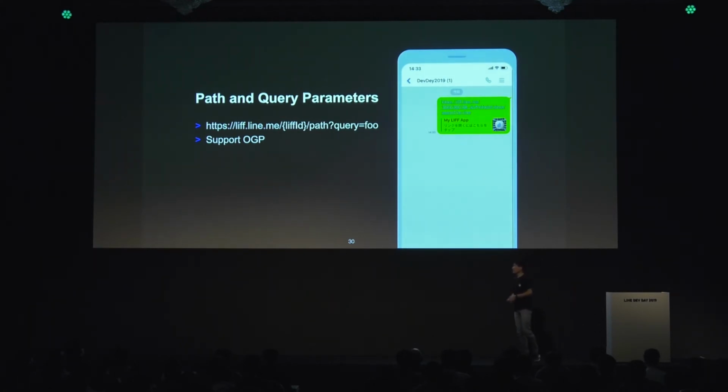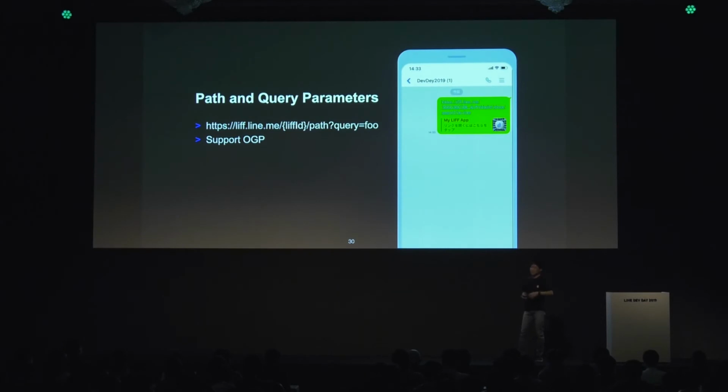However, with the HTTPS scheme, the query parameter and path are added and passed, and then at liff.init the redirect destination can be automatically identified, and it can work as a deep link, redirecting so that the detailed page is shown.